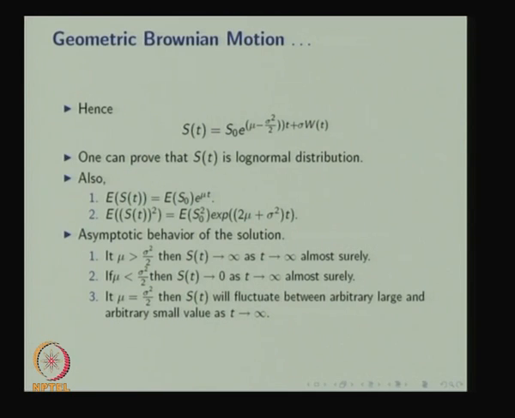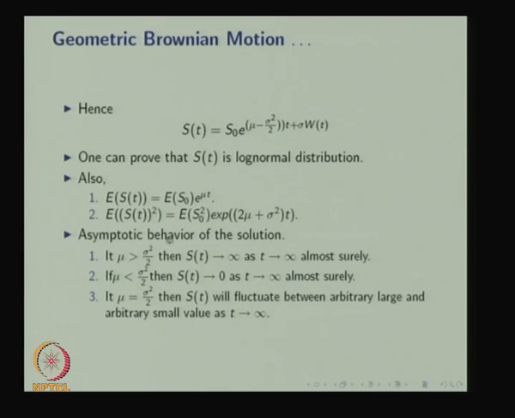We can also discuss what is the asymptotic behavior of the solution. Because the solution is e power mu minus sigma square by 2 multiplied by t plus sigma times Wt, as t tends to infinity, what happens? If mu is greater than sigma square by 2, as t tends to infinity, S of t will tend to infinity.